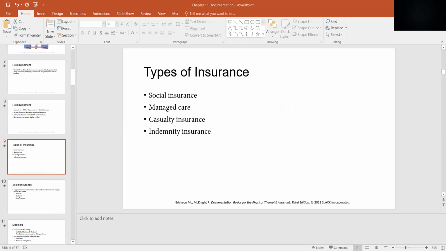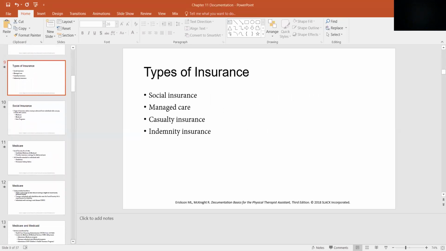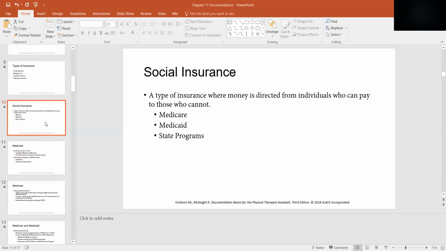So the different types of insurance are social insurance, managed care, casualty insurance, and indemnity insurance. And we'll talk about them each a little bit more. We will spend the most of our time on social insurance because that is for Medicare, Medicaid, and state programs. So it says it's a type of insurance where money is directed from individuals who can pay to those who cannot.